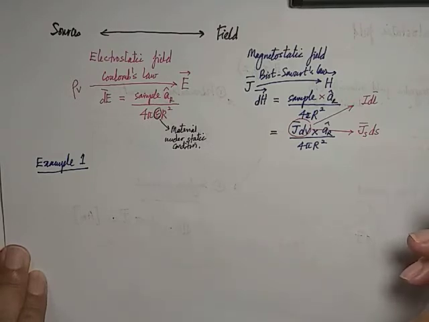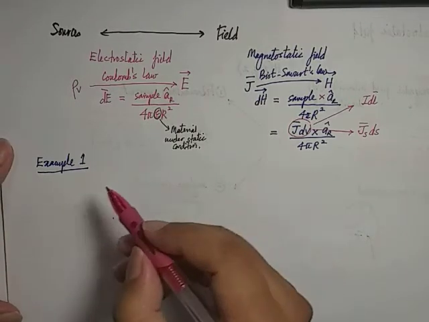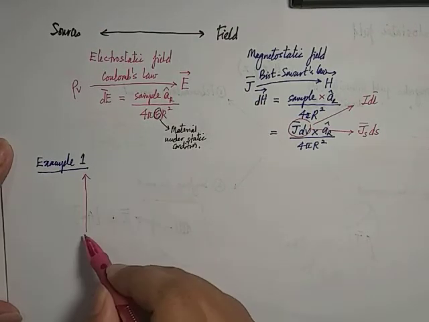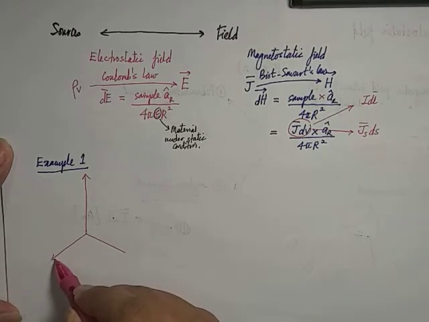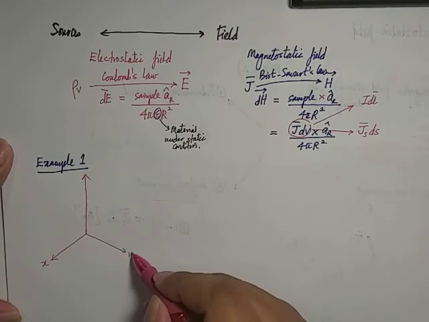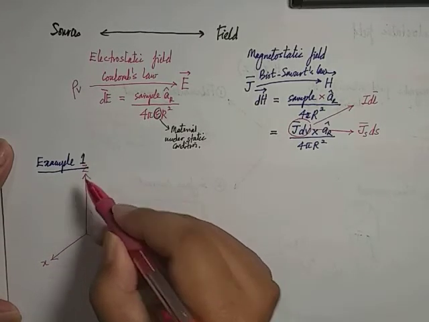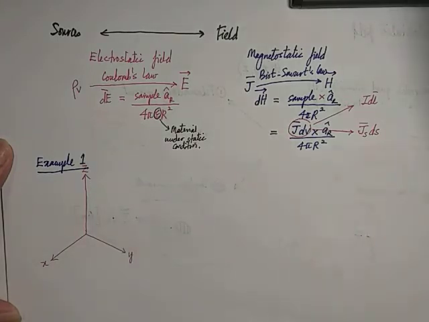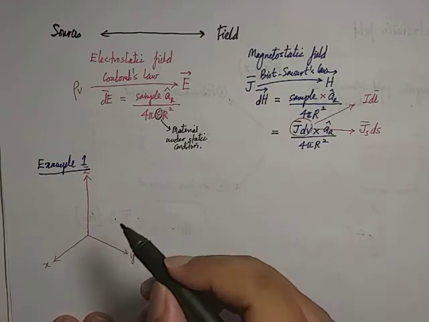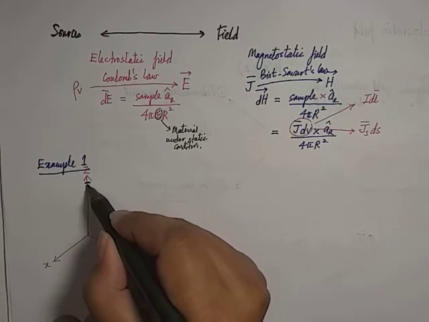Let's say you have a source now, as shown here. This is our source. The source is along the z-axis. This is our x-axis, y-axis, and z-axis. And what should be the shape of our source on the z-axis, which is similar to the one that we have seen in our electrostatic example 1? Yes, a line structure. Good.